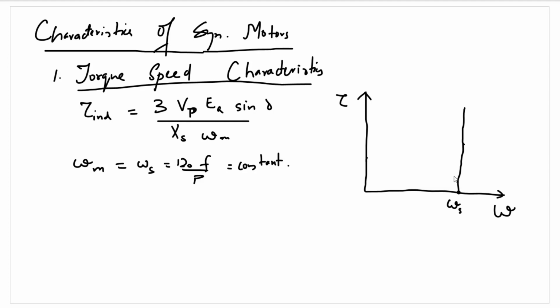It will be the synchronous speed, but the torque will increase from 0 to a maximum value. We defined the maximum value of induced torque at sine delta equal to 1, that's at delta equal to 90 degrees. We said that maximum value of torque induced can be 3 Vp Ea divided by Xs omega s in this case.